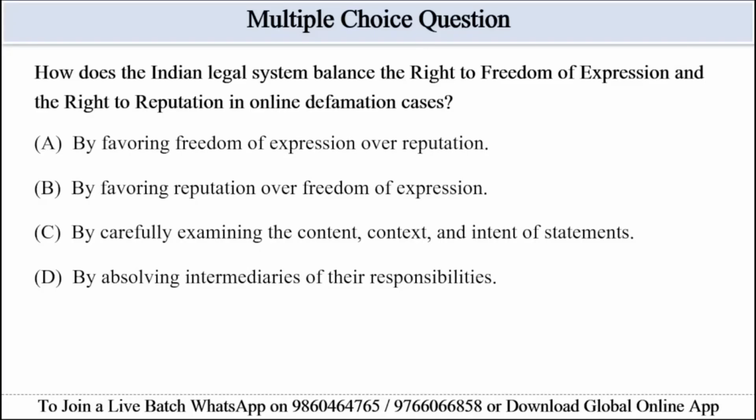But in case of option C, by carefully examining the content, context, and intent of a statement, this is exactly what the passage says. The courts decide if the statement is defamatory, thus balancing both rights. Hence, option C is the correct answer here.